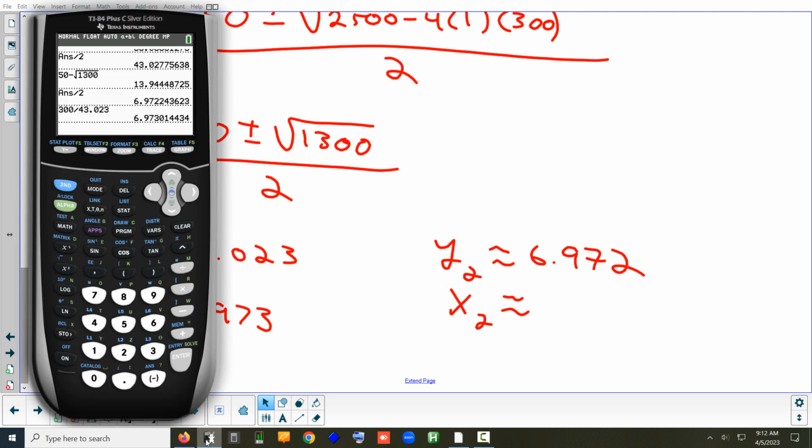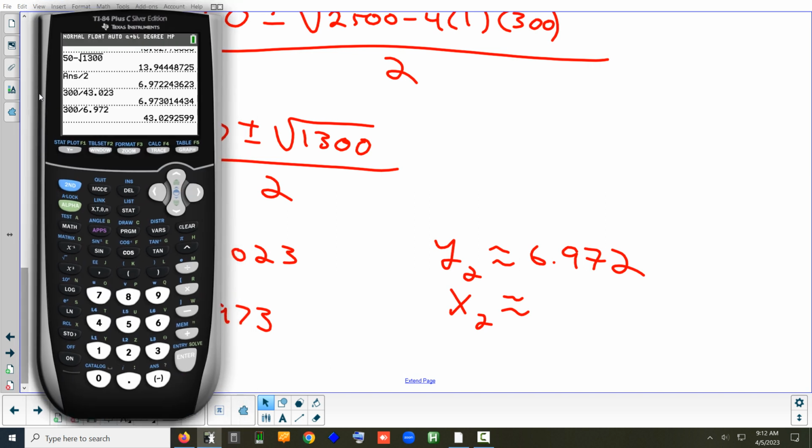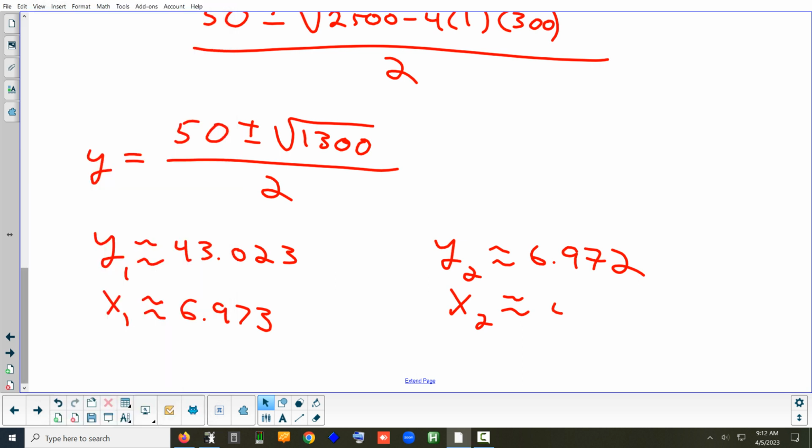So 300 divided by y gives you x. 300 divided by 6.972. 43. Well, if we round it, it's like 43.03. It rounds up. 43.03.